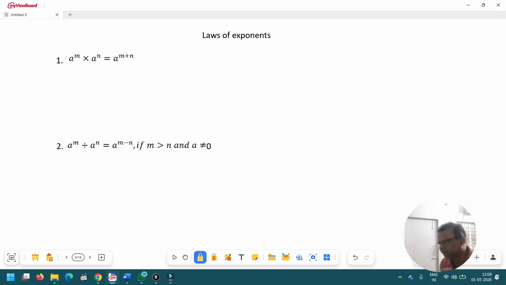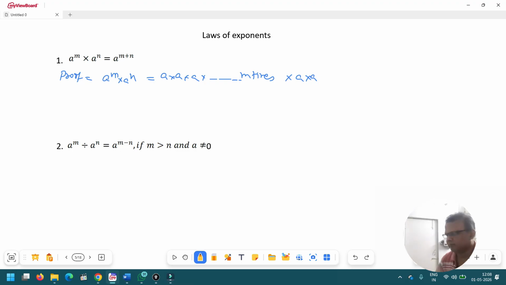Proof. a to the power m into a to the power n is equal to a into a into a, m times, multiplied by a into a into a, up to n times.